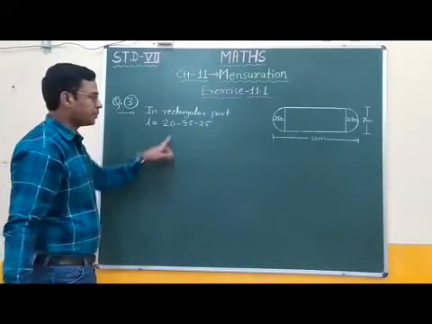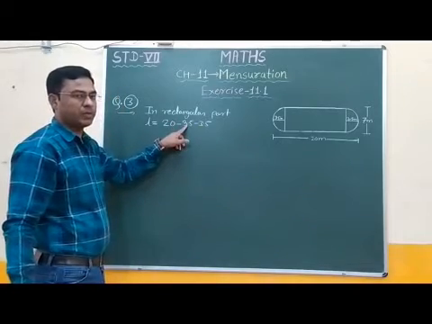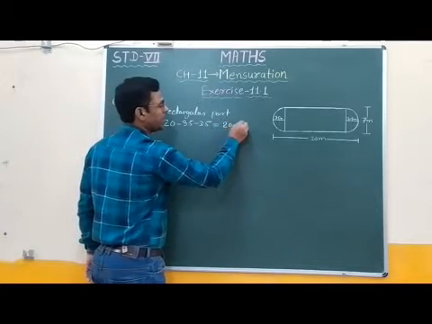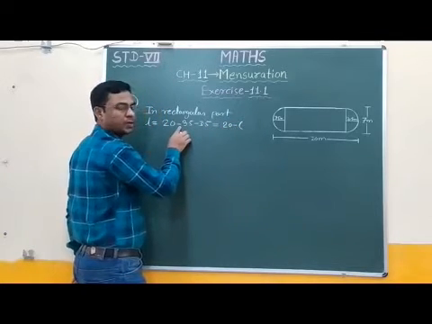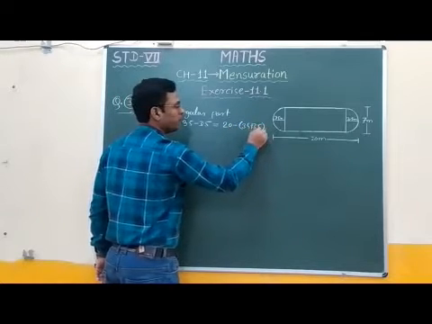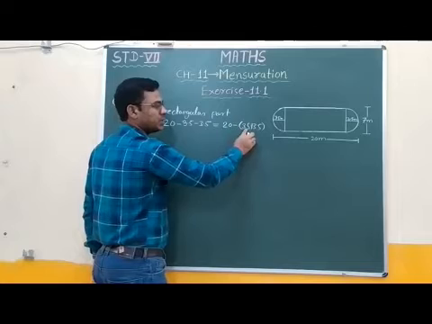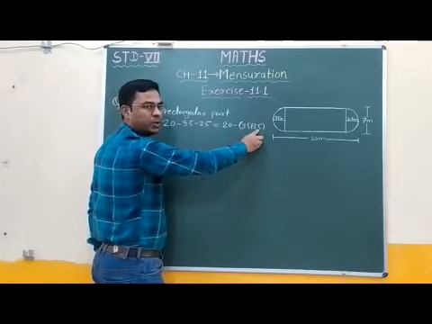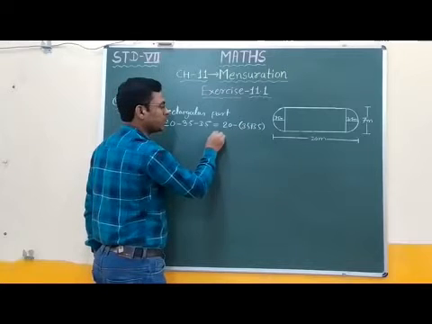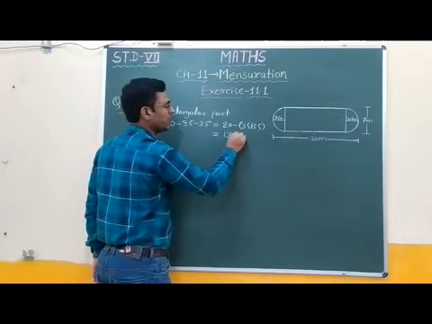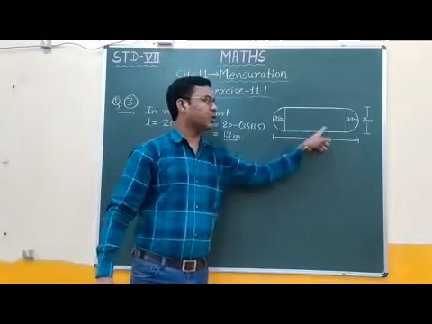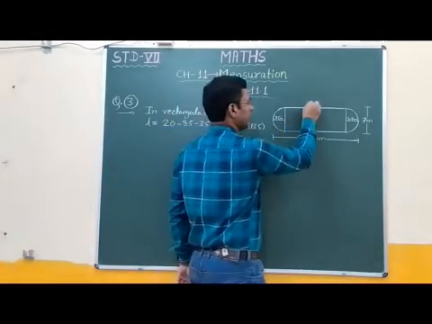Now students, if you take this minus sign common, then 20 minus (3.5 plus 3.5), that is 20 minus 7, which is equal to 13 meter. Therefore students, the length of this rectangular part is 13 meter.